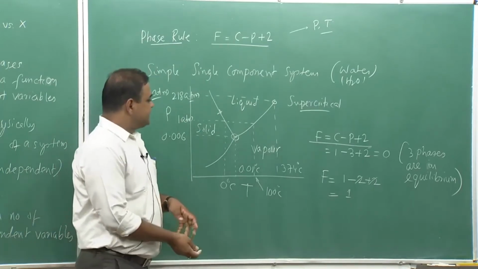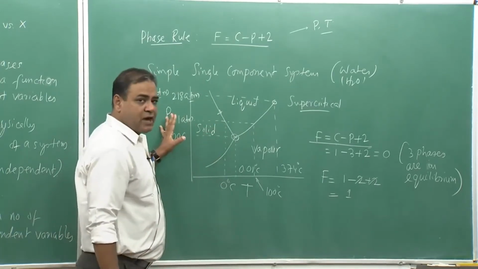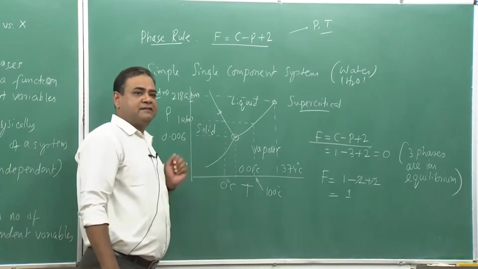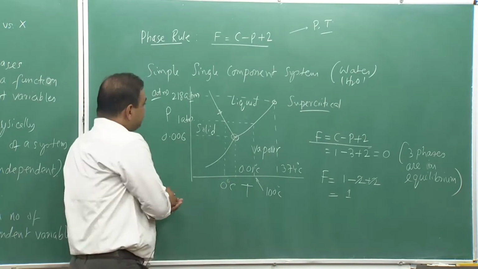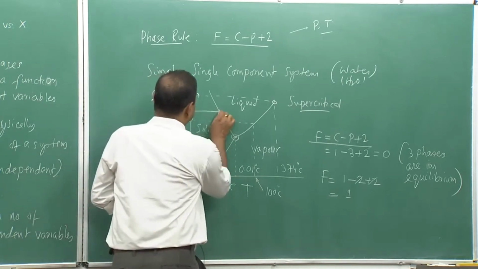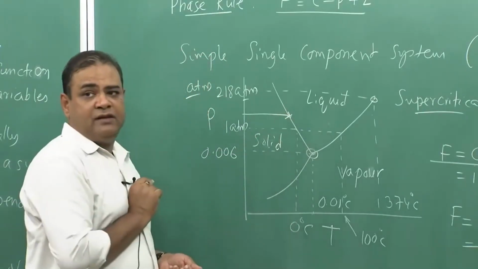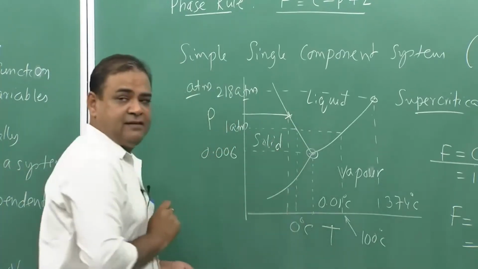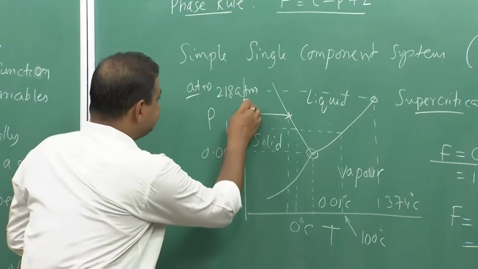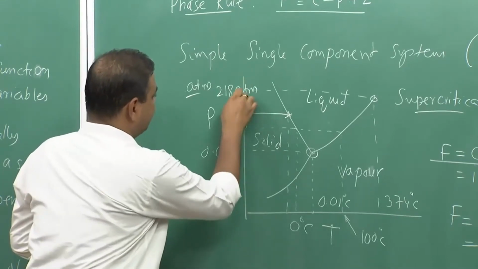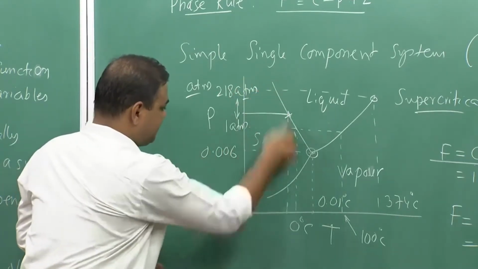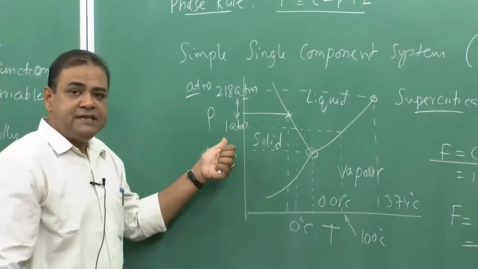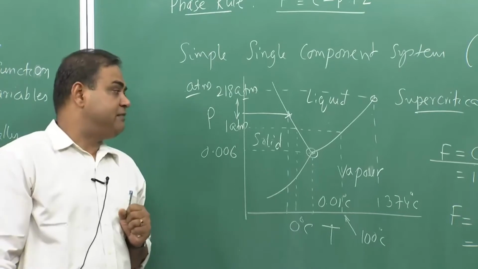It means that one of the variables, either pressure or temperature, can be independently varied. For example, if I fix the pressure at this particular point, then automatically the temperature gets fixed. Similarly, if I change the pressure along this axis, the temperature is also correspondingly changing.